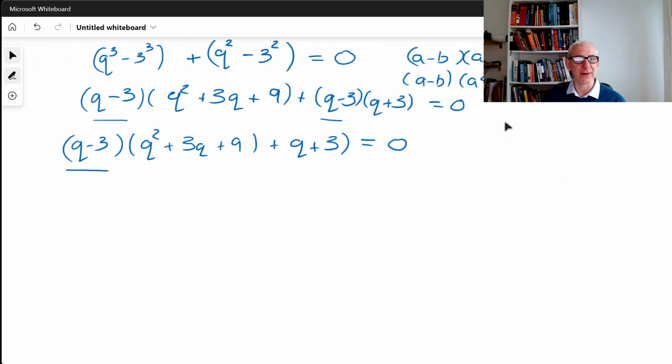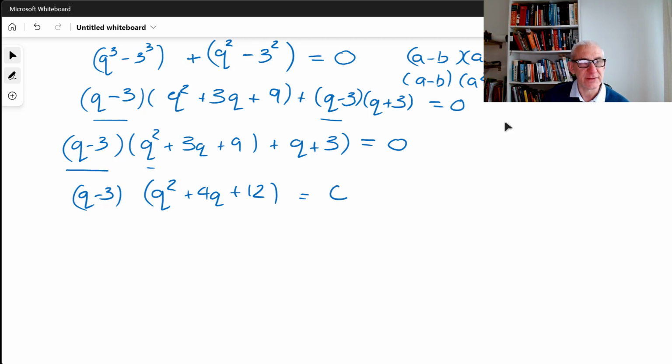And let's move on up. So now we have q minus 3, that confirms our root, and then we can just tidy up here. We now have q squared plus 4q plus 12 equals 0. So let's now solve this quadratic equation.